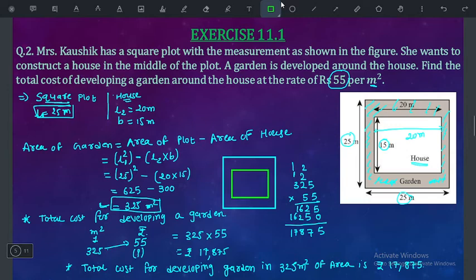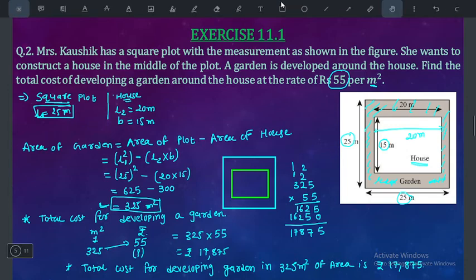This is our rectangular house, and the garden is this, because this is our house and the garden is this.